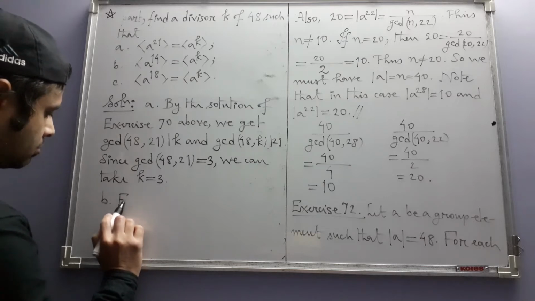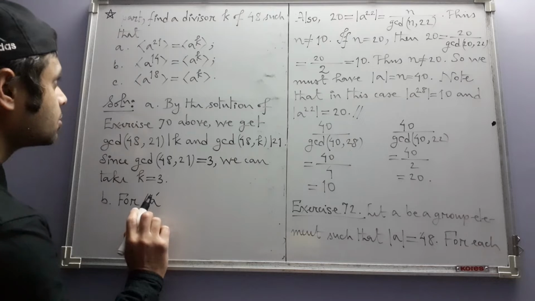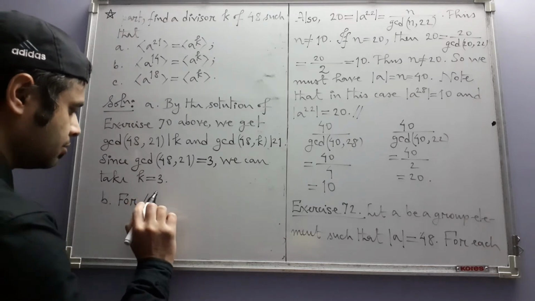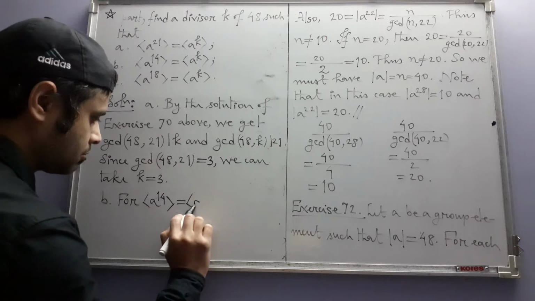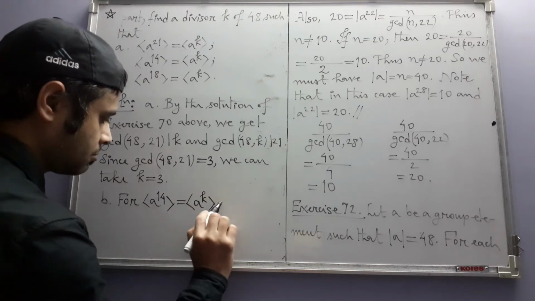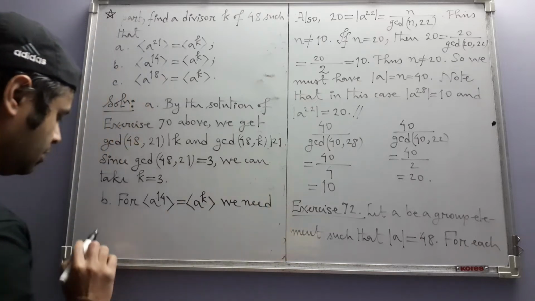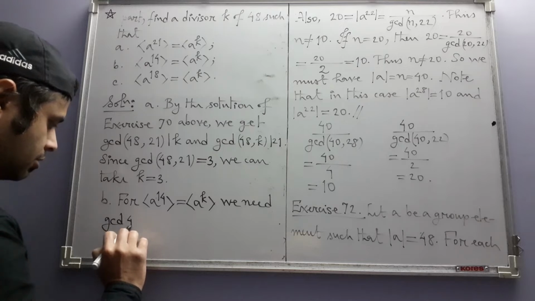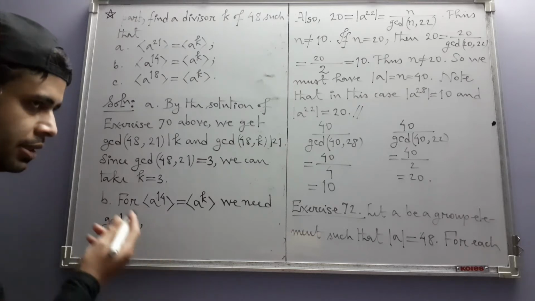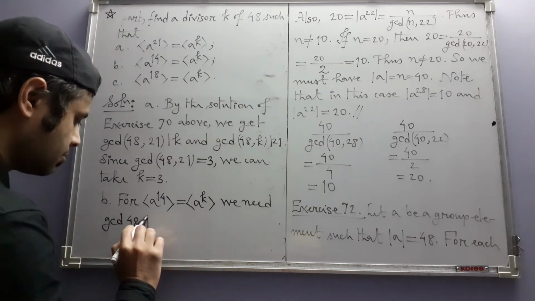For this one, what is the exponent? 14. We need GCD of 48. Order of A stays the same. It's 48, it's given, that is fixed.